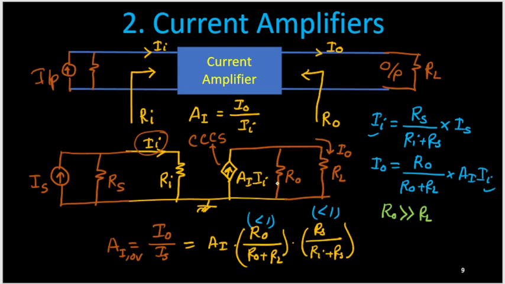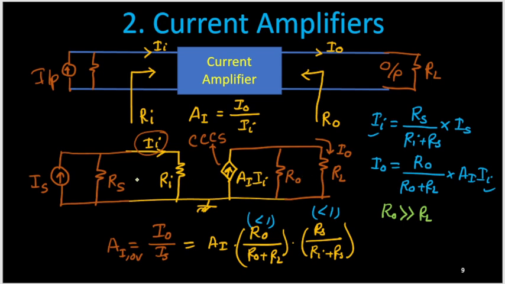If this resistance is very high, very little current will go through this side. Current will go through the lesser resistance path. So if R0 is very high, then the maximum current will go through RL only. We'll get the maximum current at the output side, at the load. Thus, R0 should be as high as possible compared to RL.